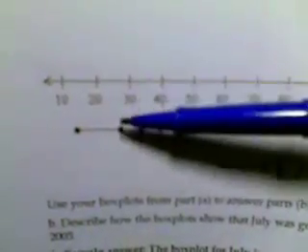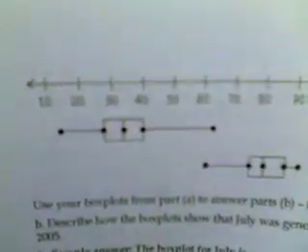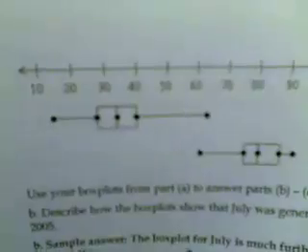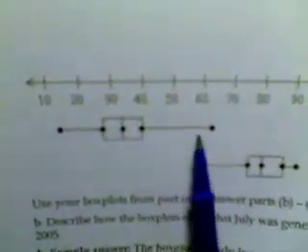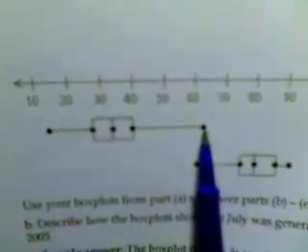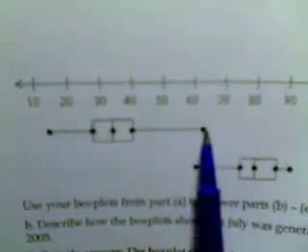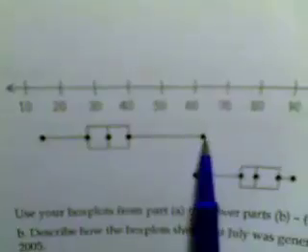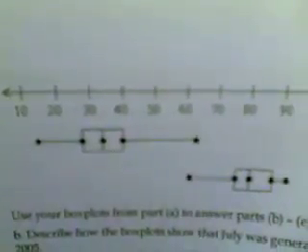And about half of the days in January, our temperature ranged from about 28 degrees to 40 degrees. It looks like that the whisker is pretty long here, up to 62 degrees. So it looks like there might be a possible outlier.